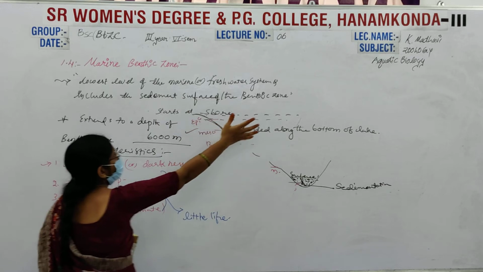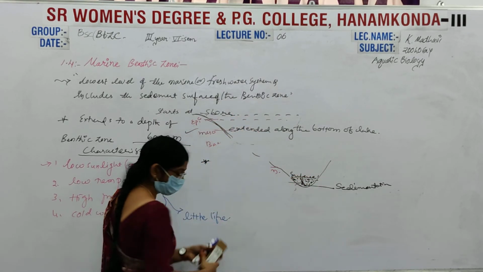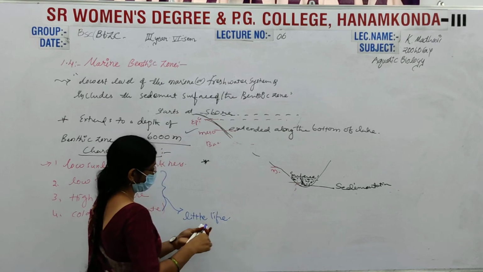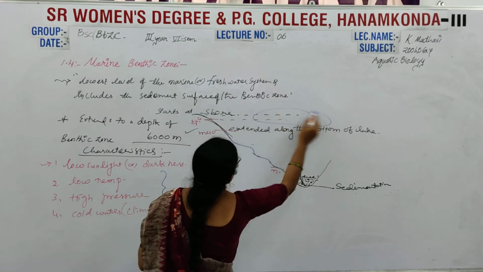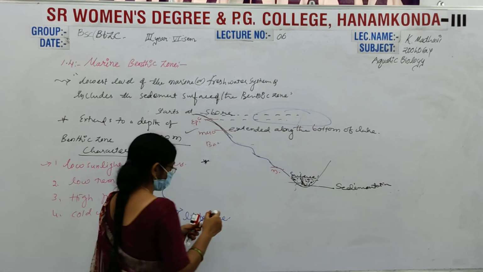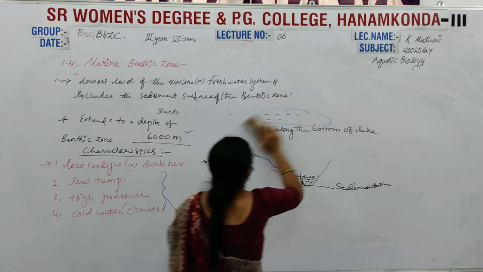This is the pelagic zone and this is the benthic zone. And next, the chemical and physical characteristics.